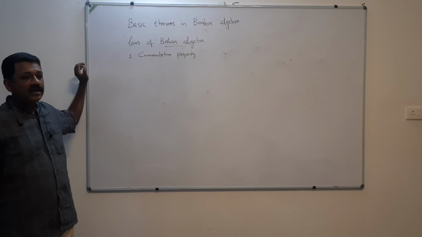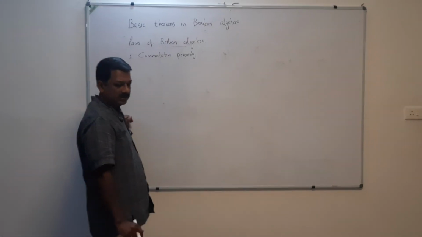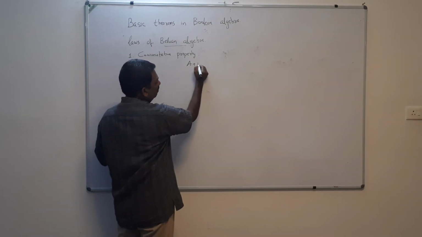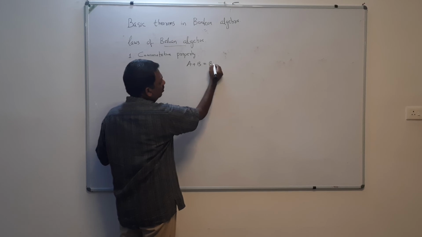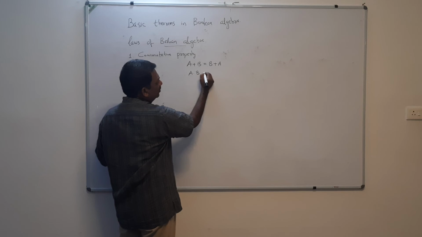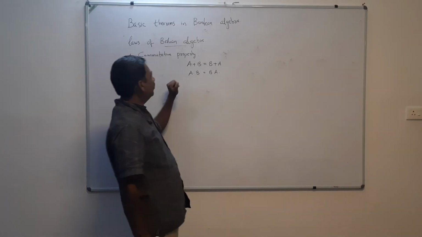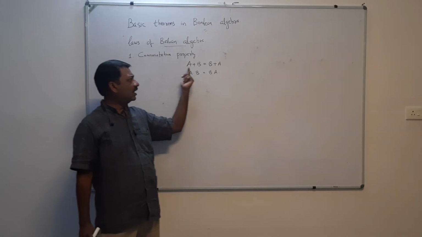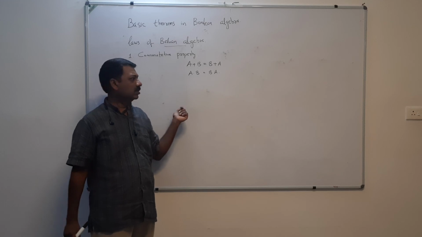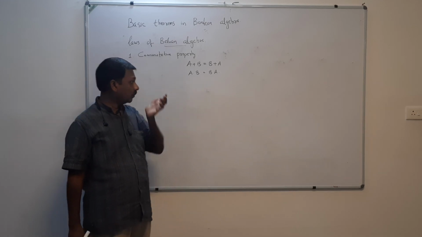That means AND and OR operations satisfy the commutative property. That is A or B is equal to B or A, and A dot B is equal to B dot A. That means ORing A to B is equivalent to ORing B to A, and ANDing A to B is equivalent to ANDing B to A.